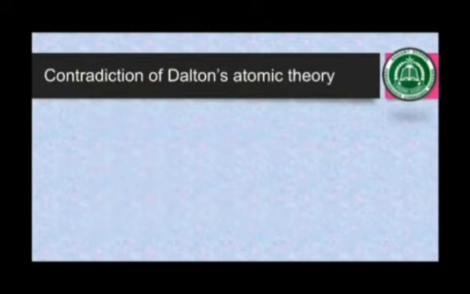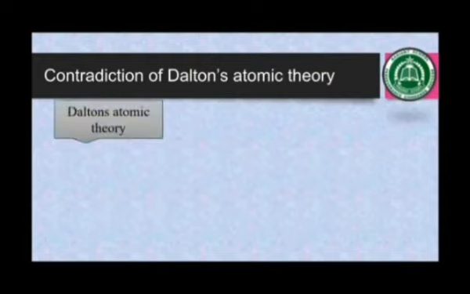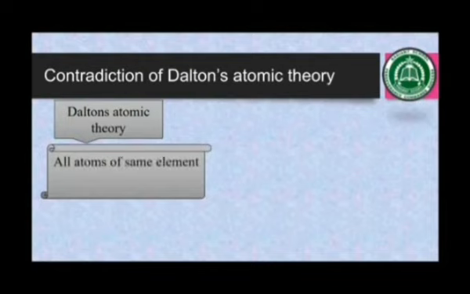Okay students, let's see how the discovery of isotopes contradicted Dalton's atomic theory. He said that all the atoms of the same element have the same mass.